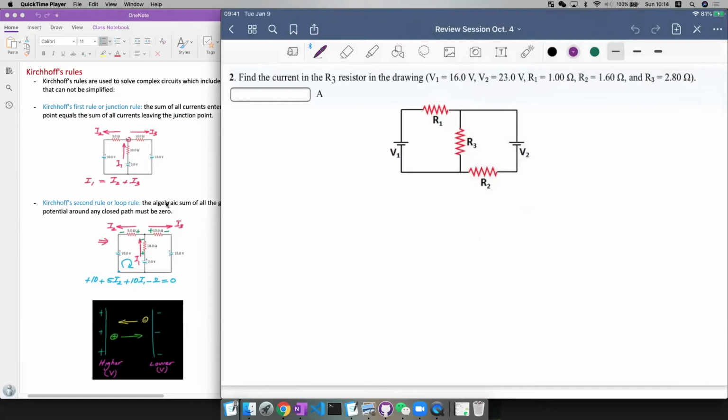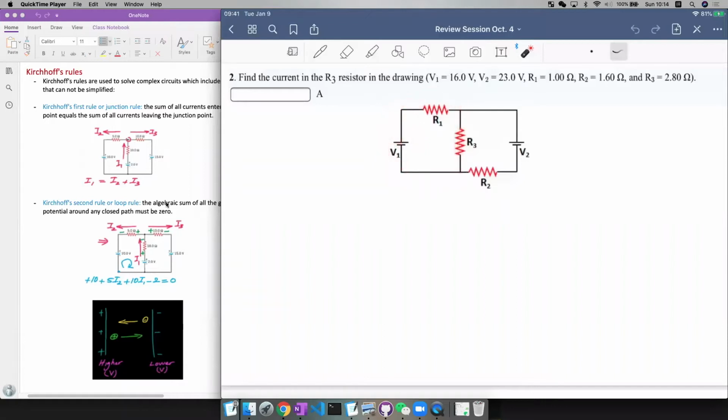For this kind of circuit, we have more than one power source, right? So we don't know what the direction of the current is. If we only have one power source, the direction is going to be like this, right? From this point to this point.